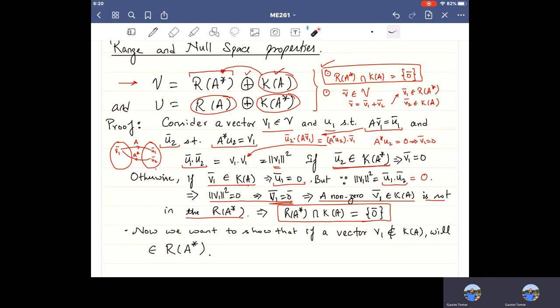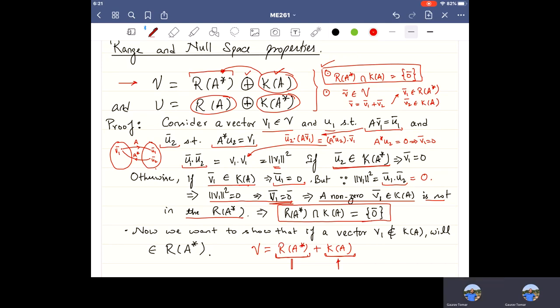The second part is to show that the vector space V is essentially the range of A star plus K of A. That means the entire vector space V is nothing but vectors constructed from the basis of the range of A star and the basis of the kernel of A. Every vector V can be constructed this way. This is what we want to show now.